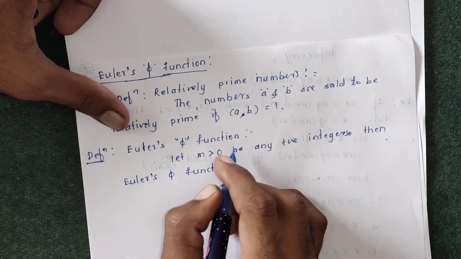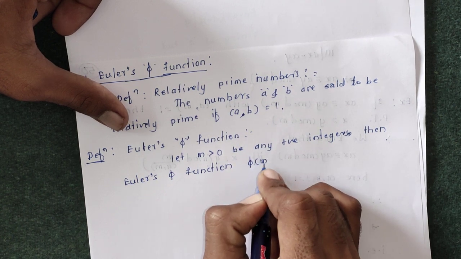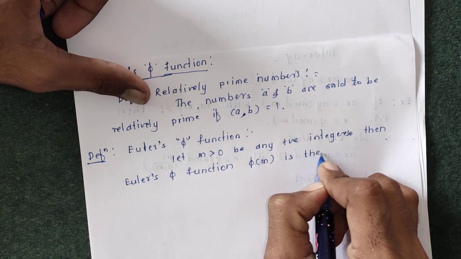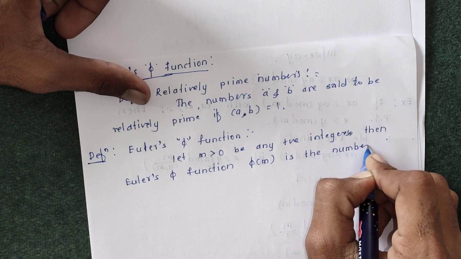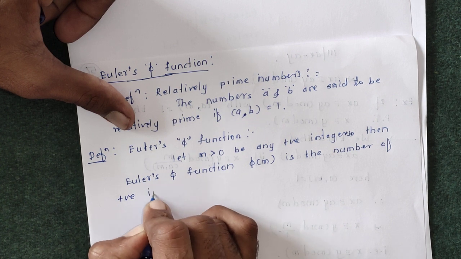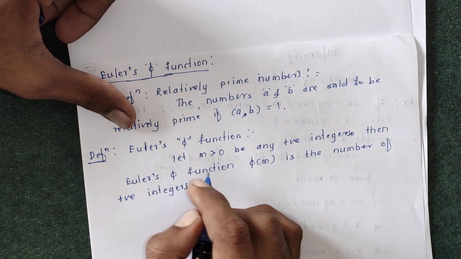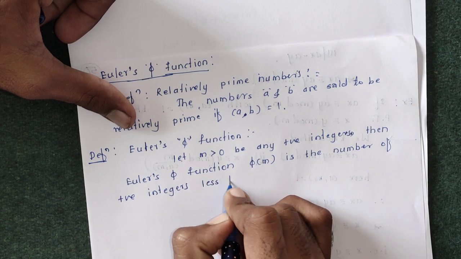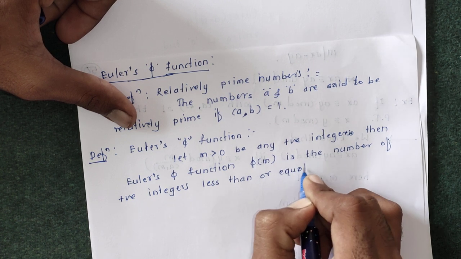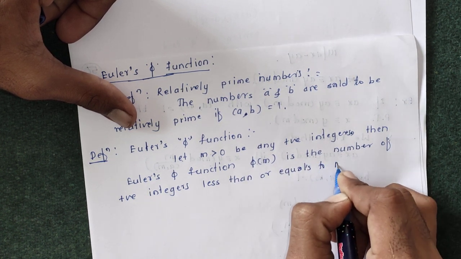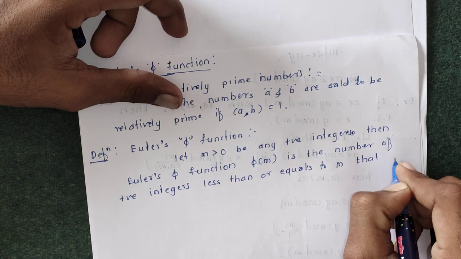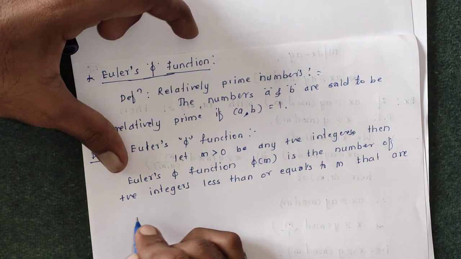Then Euler's phi function, phi of m, is the number of positive integers less than or equal to m that are relatively prime to m.